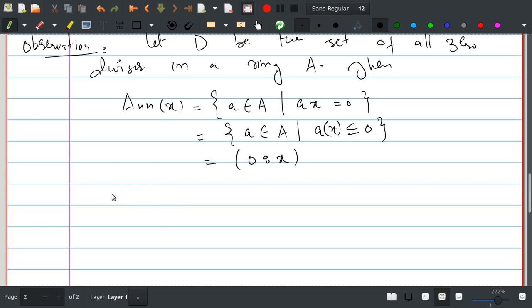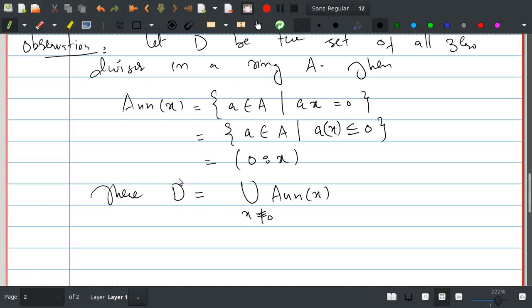So this is actually the set of all zero divisors of x. That means the set of all zero divisors in the ring A is actually the union of the annihilators of non-zero elements. So x is non-zero. If x is 0, then the annihilator of 0 is the whole ring A, so then this D is A itself.